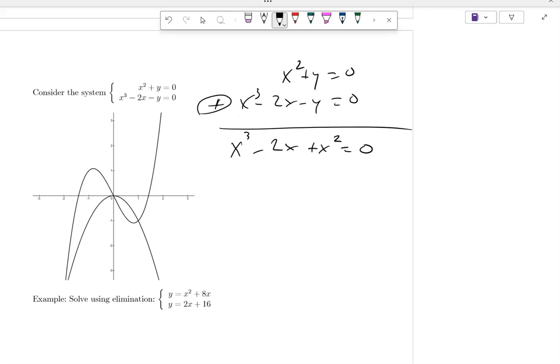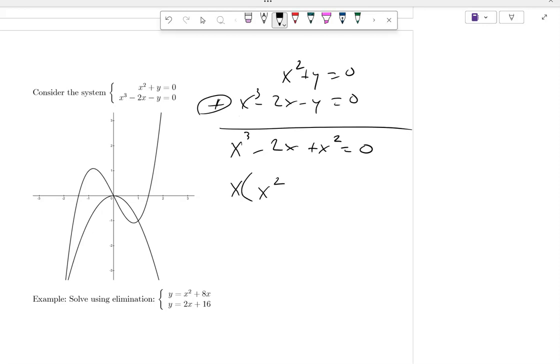There's not like terms there, so they don't combine. But the y's definitely go away, don't they? And it's set equal to 0. So what do we want to do on the left-hand side? Yeah, we want to factor an x out.